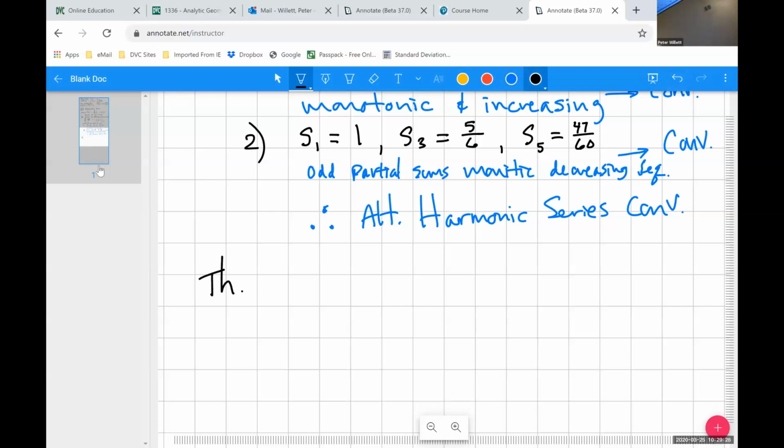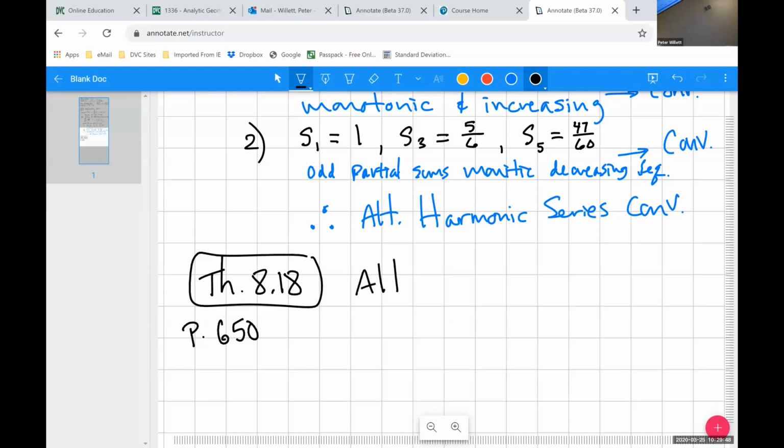So this is theorem 8.18 on page 650. It's called the alternating series test.